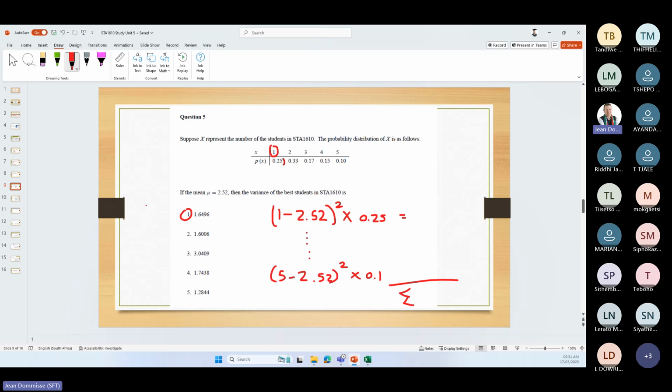Okay, so basically on the discrete, we've now done where we identify the probabilities. We've done one where we work out the mean, and we've done one where you need to work out the variance. So that's basically what you will be needed to do in the exam. They will not ask you all 3 in the exam.